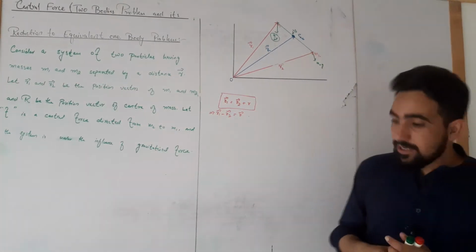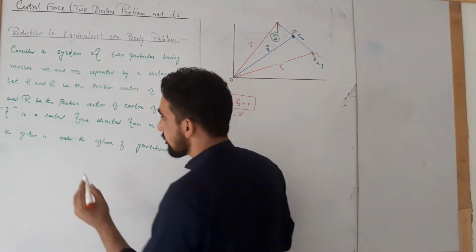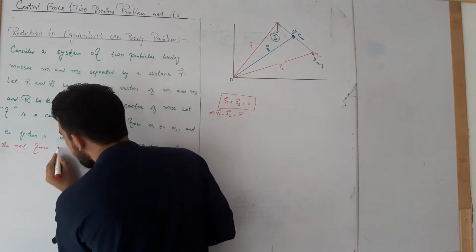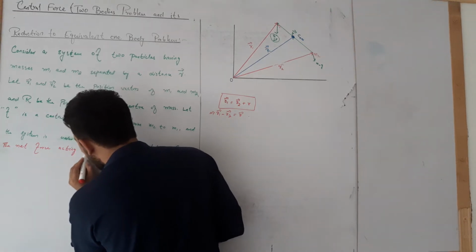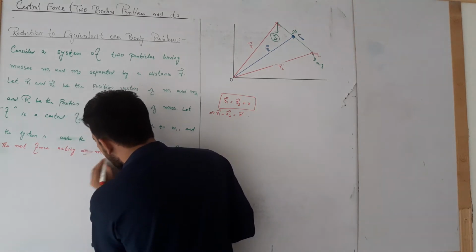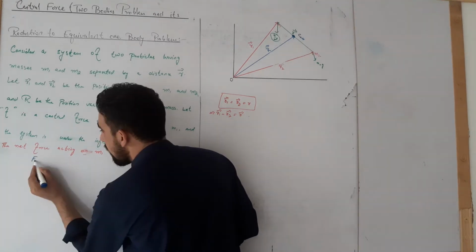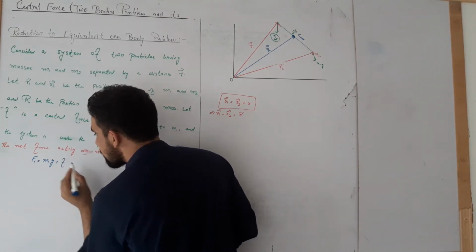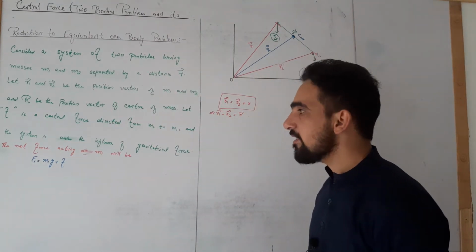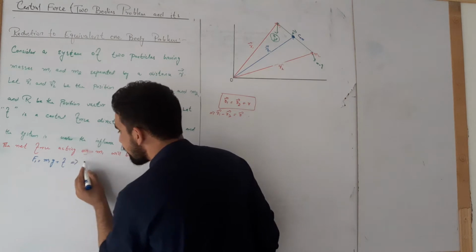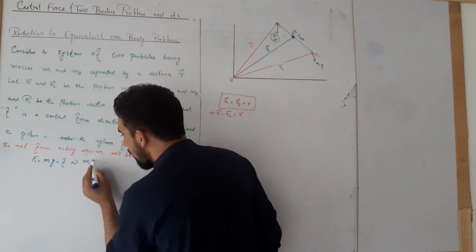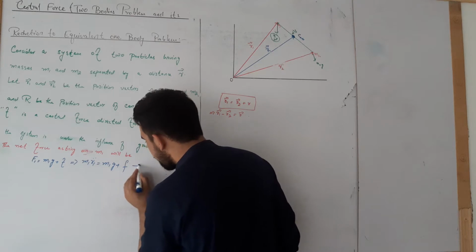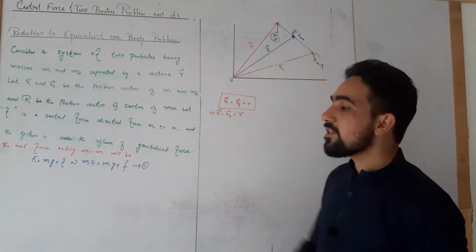The net force acting on m1 will be F1 is equal to m1g plus central force F. This implies that m1 r1 double dot is equal to m1g plus F. Let us call this equation number 1.